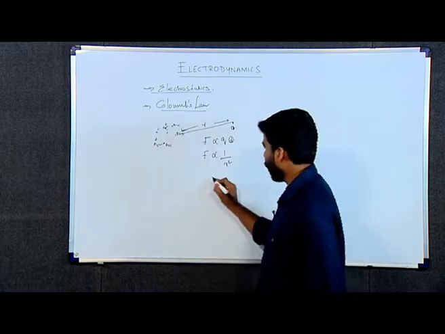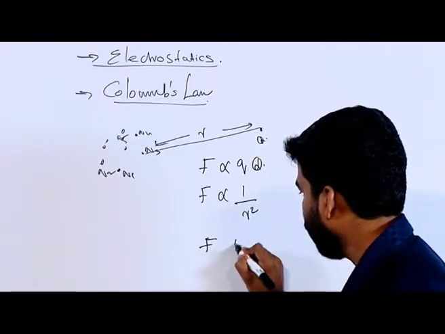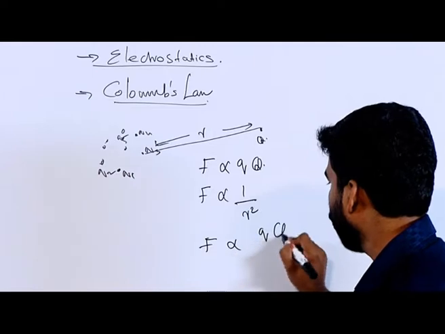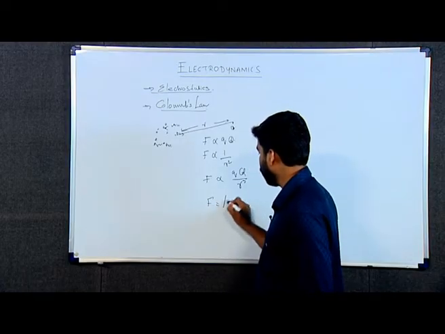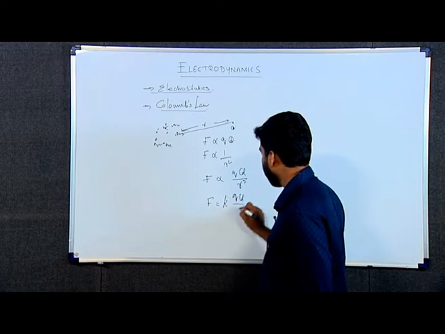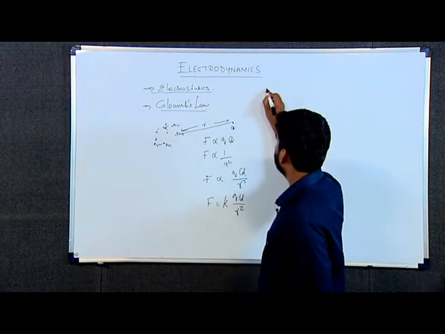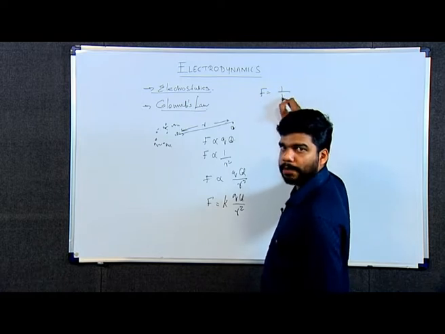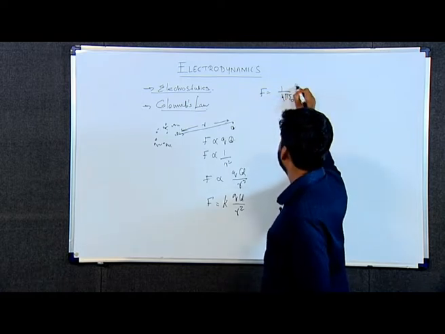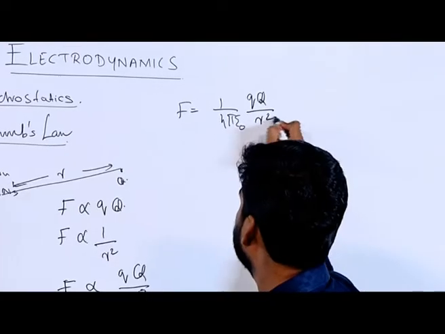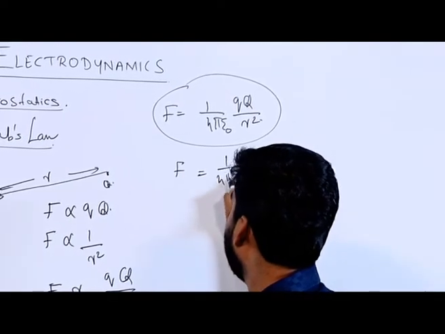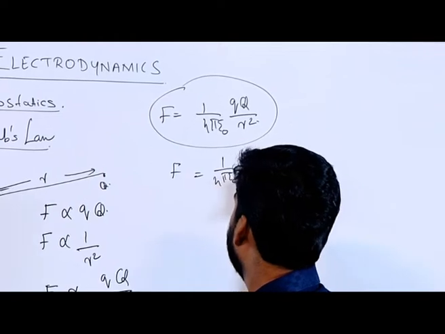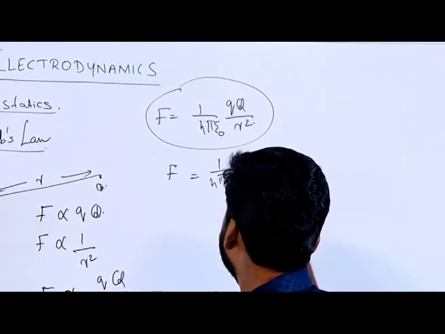So you can club these together: F is proportional to Q by r square, which can be dealt with using a constant. So F is equal to 1 by 4 pi epsilon 0 Q by r square. Since F is a vector, we should write 1 by 4 pi epsilon 0 Q by r square into r cap.